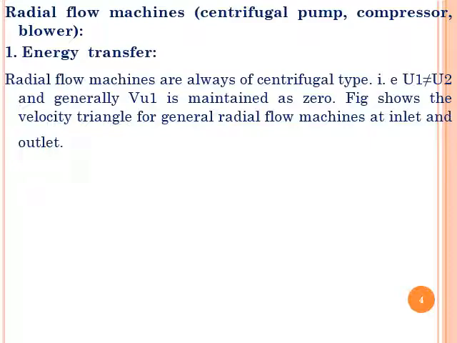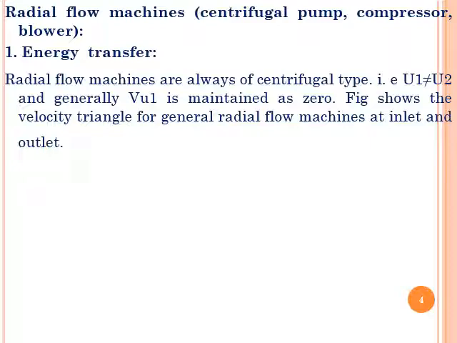For that reason, U1 is not equal to U2. But generally, the tangential velocity at inlet, that is Vu1, is maintained as 0. That means it is a radial inlet flow.